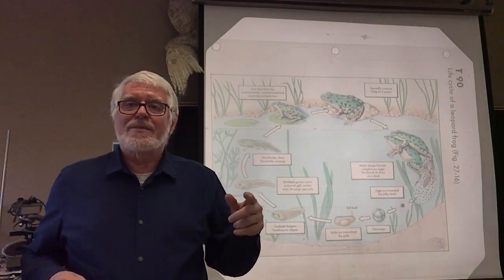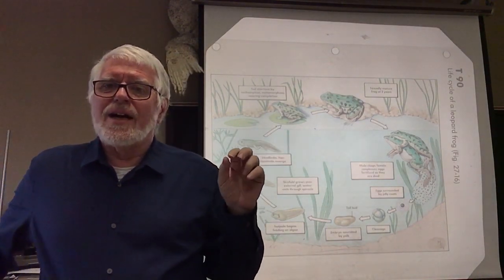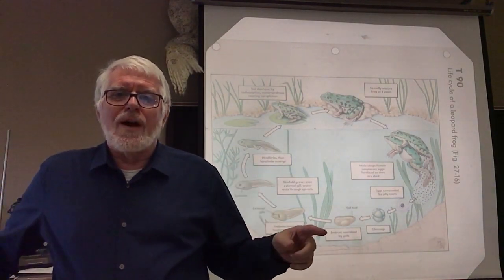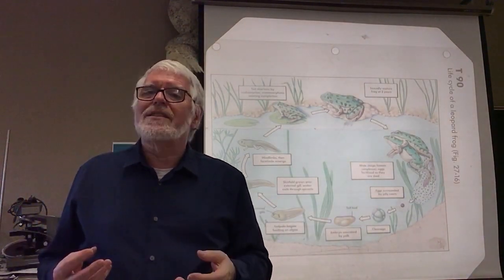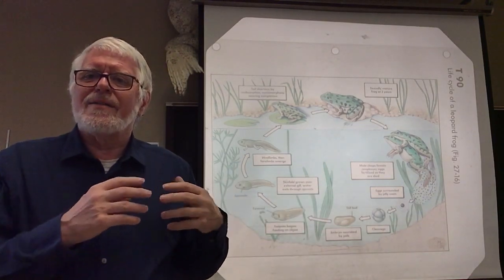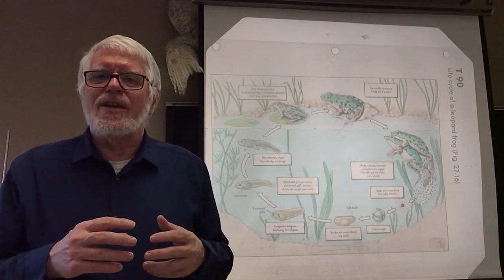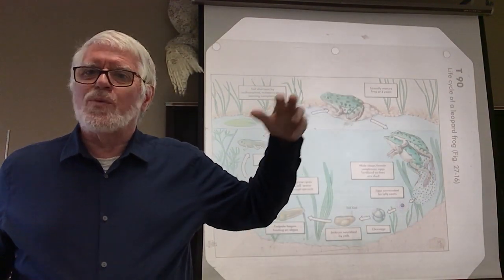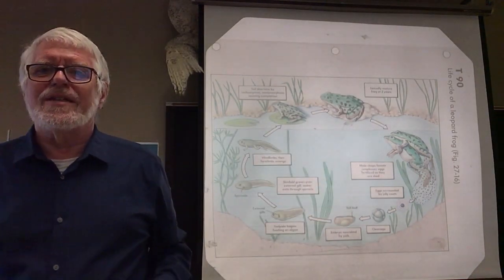Now, for the frogs, what hatches out of the eggs is a very fishy-looking tadpole, and the tadpole eventually transforms into a frog. It grows legs. It lives in the water for a while, has its own little niche in that ecosystem, develops legs, goes up on land where it becomes a land predator of insects and little animals mostly.